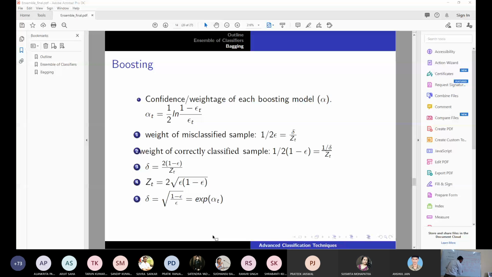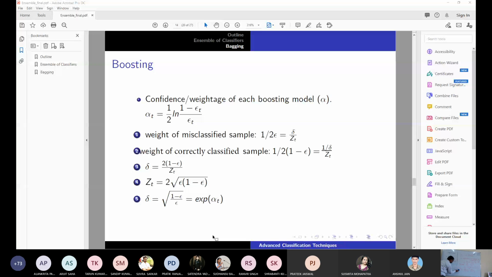So delta T, you put it here, this will go down, right? So it is square root of epsilon_t into 1 minus epsilon_t, divided by what? Epsilon, square root of epsilon square.